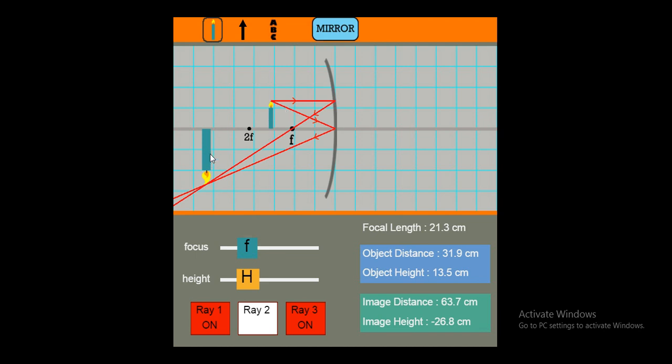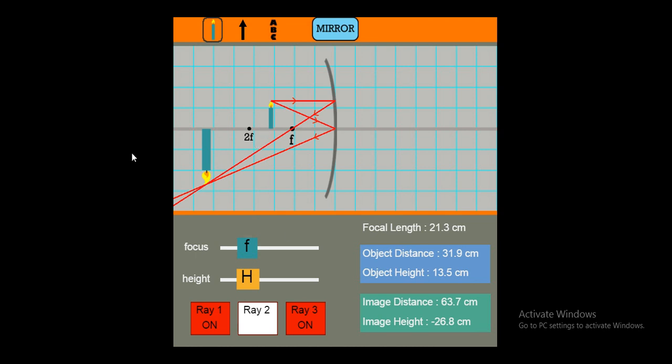We can identify that it is a real image according to the diagram. Then what about the position of this image? The position is far away. This image is formed far away from C, far away from 2F. That means this image is always formed beyond the center of curvature, beyond 2F.